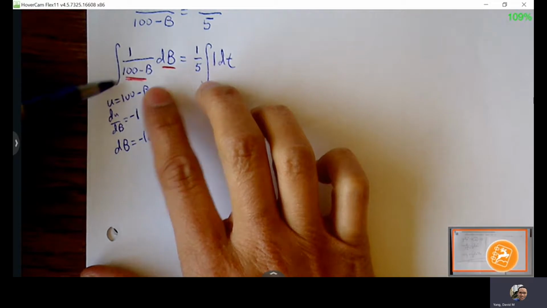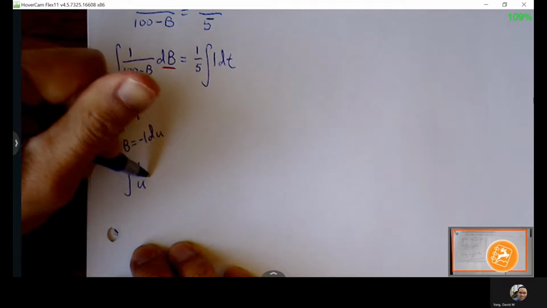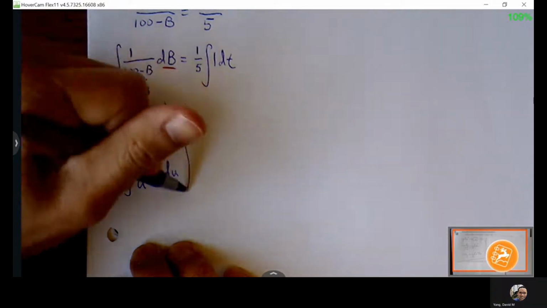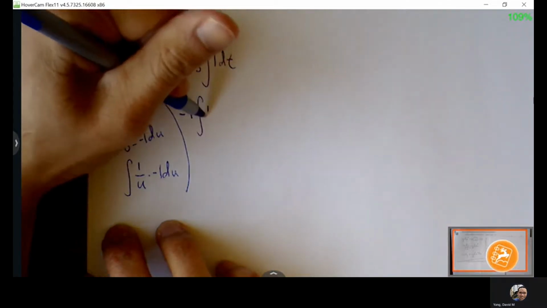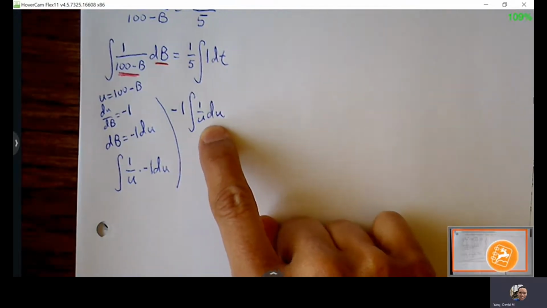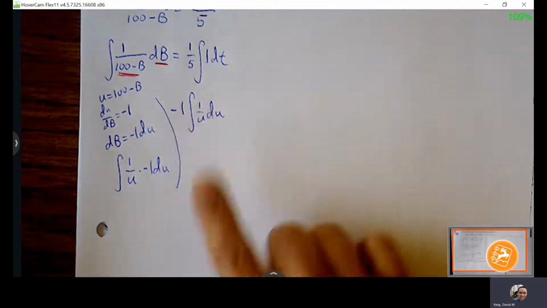Replace the 100 minus b with u. Replace the db with -1 du. I can pull the -1 out in front. Now I have a nice clean rule that I can apply, right? Natural log of u, replace the u back in terms of b, and then the negative has to come along with it.